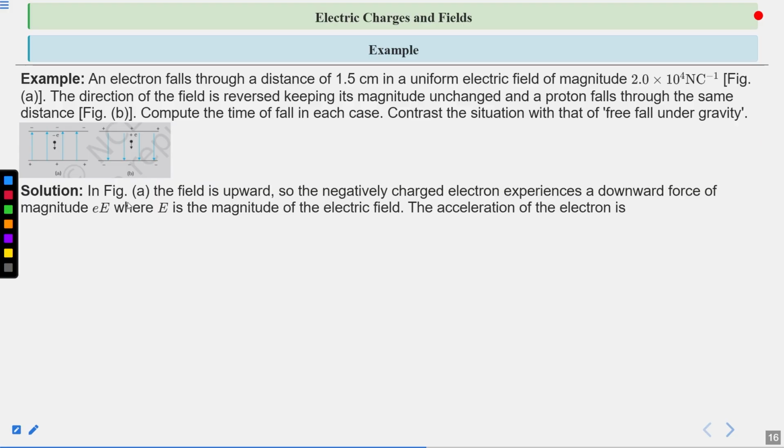So solution in figure A, look at here. The field is upward. Field is having upward direction, from positive to negative.